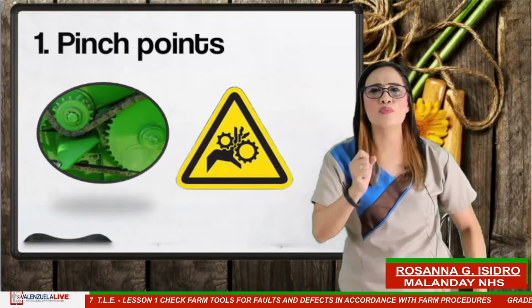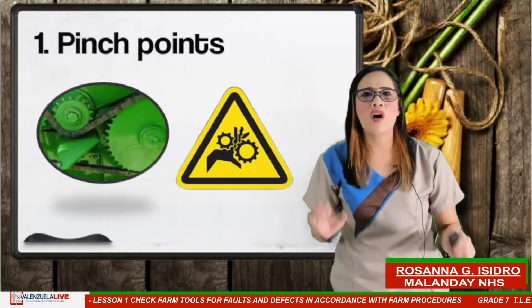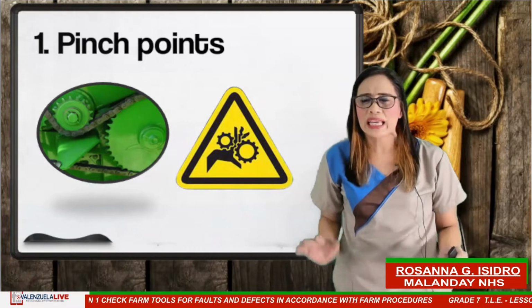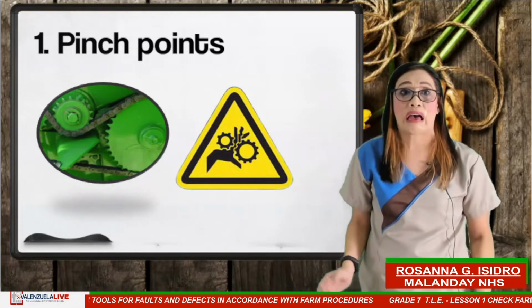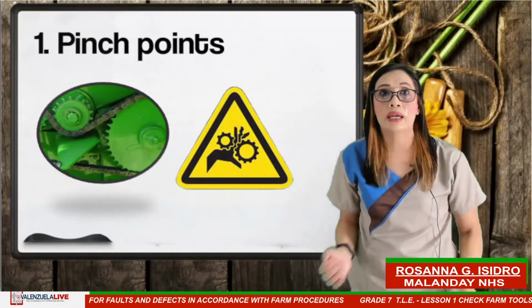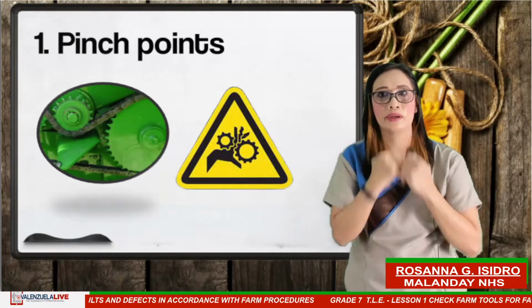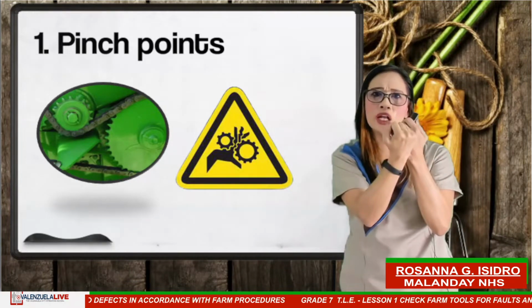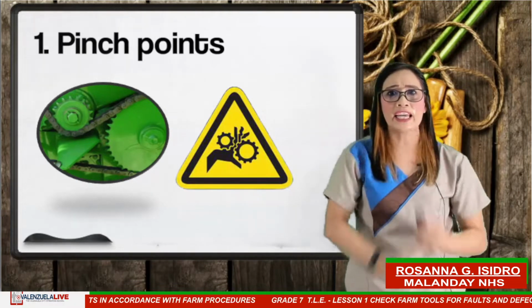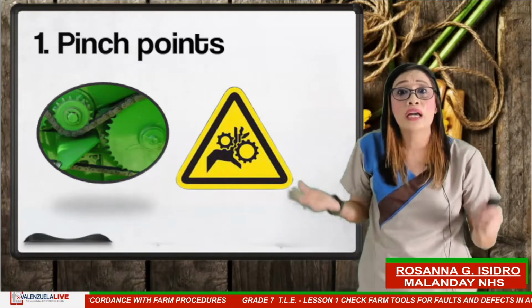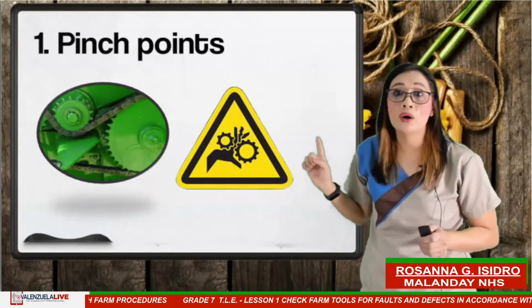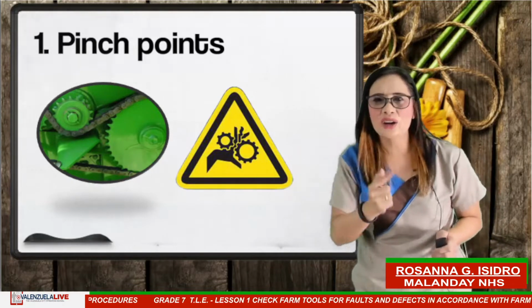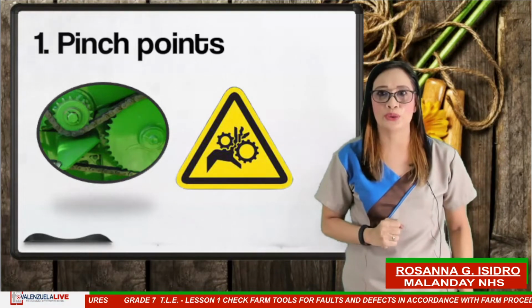A pinch point injury on the job can be seriously disabling and can cause amputation or even death. Make sure all shields are secure in place to cover pinch point areas. Follow all lockout and tagout procedures.